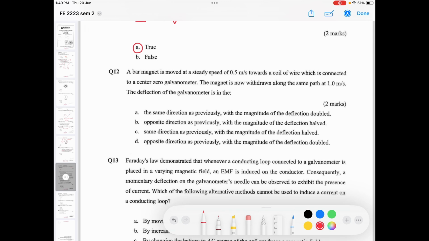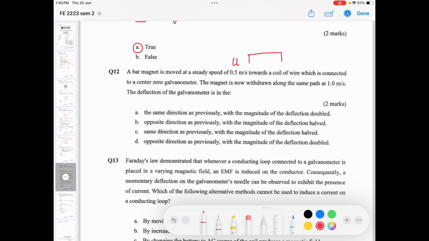A bar magnet is moving at a steady speed of 0.5 towards a coil of wire which is connected to a center-zero galvanometer.